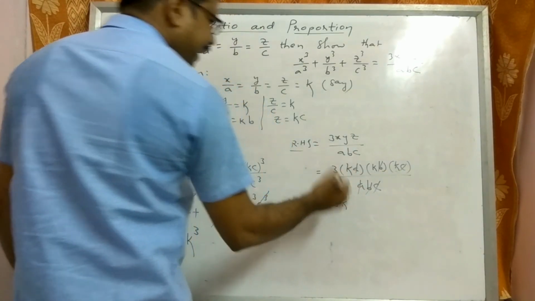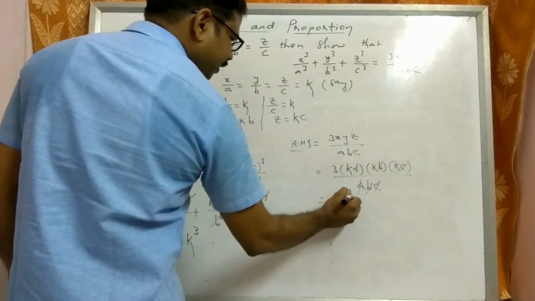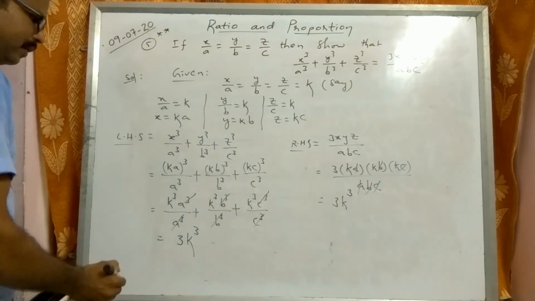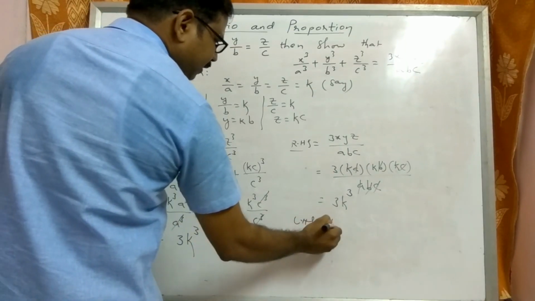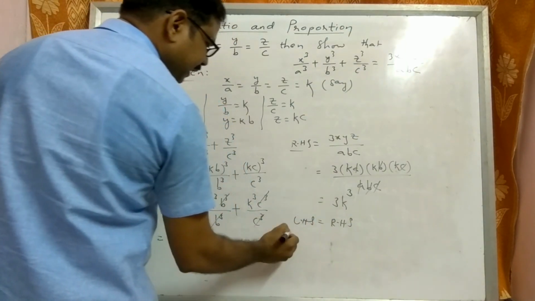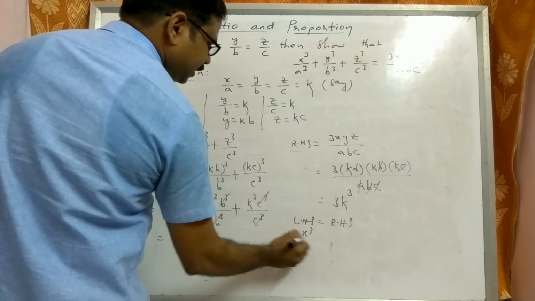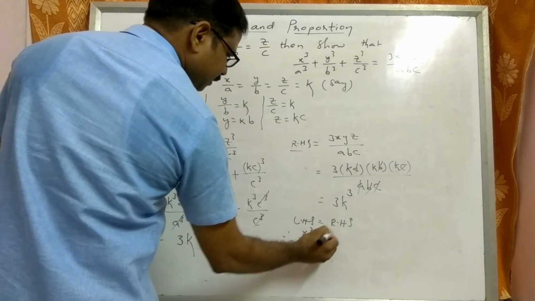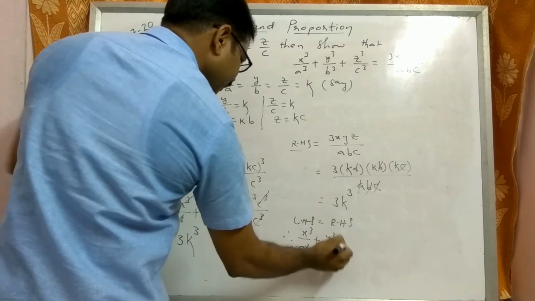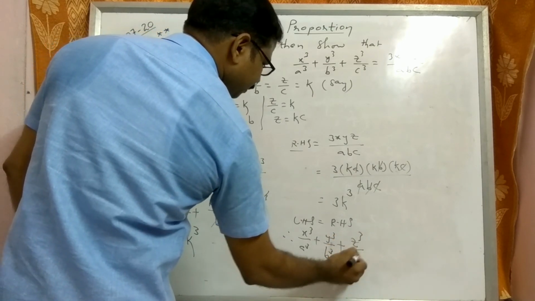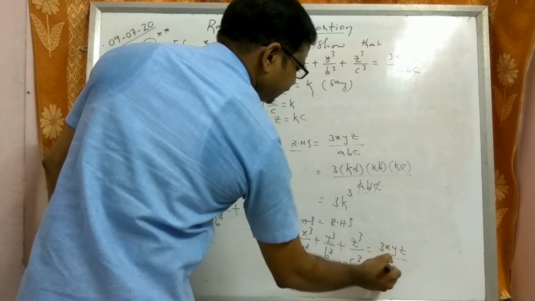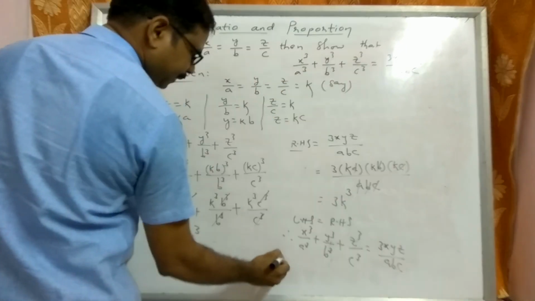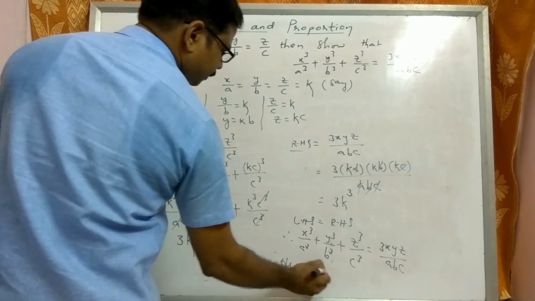So 3 into k into k into k, 3k cube. See, RHS also equal. So LHS equal to RHS. Therefore, x cube by a cube plus y cube by b cube plus z cube by c cube equal to 3xyz upon abc. Hence proved.